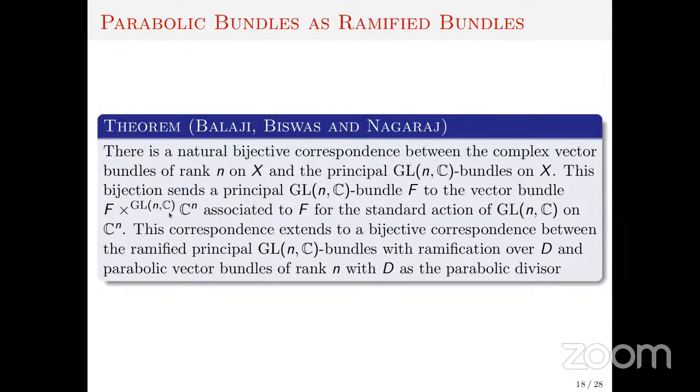So this is a fiber bundle with fiber C^n, in fact a vector bundle. And this correspondence extends to a bijective correspondence between the ramified principal GL_N(C) bundles with ramification over D and the parabolic vector bundles of rank n with D as the parabolic divisor.